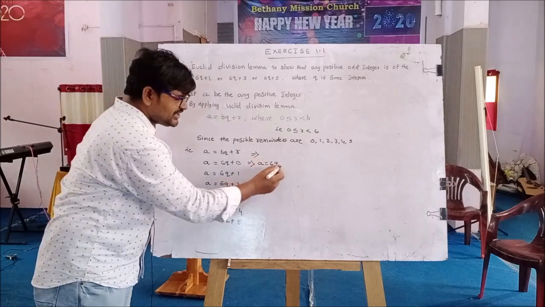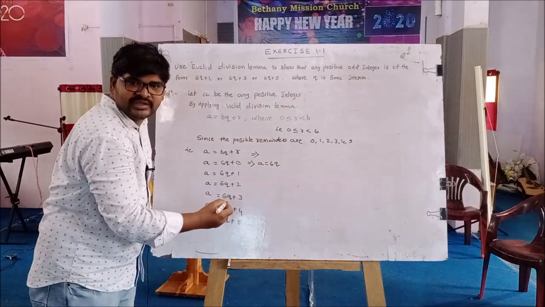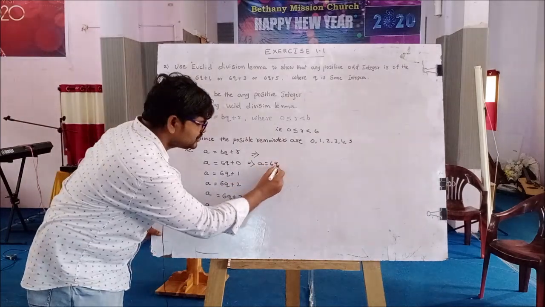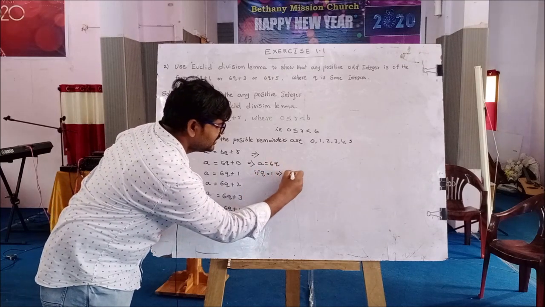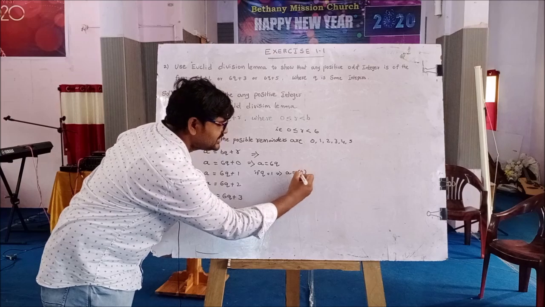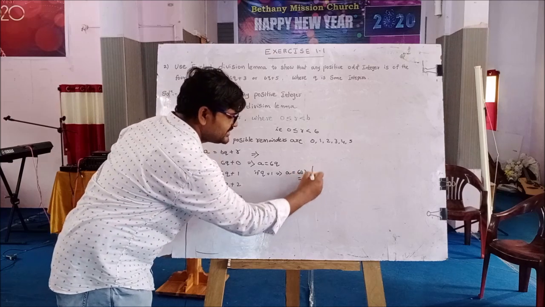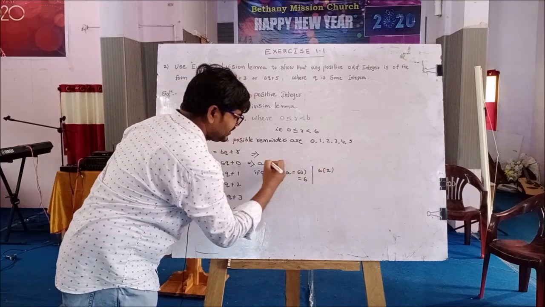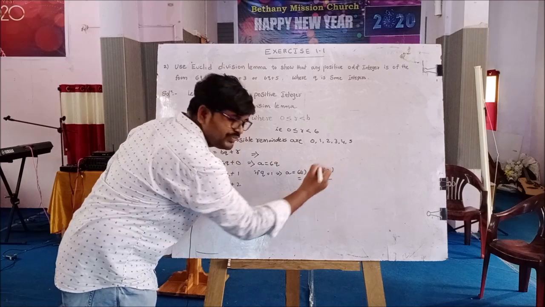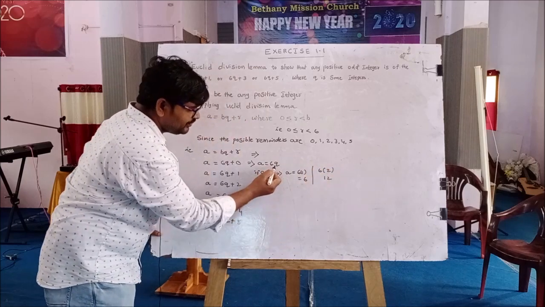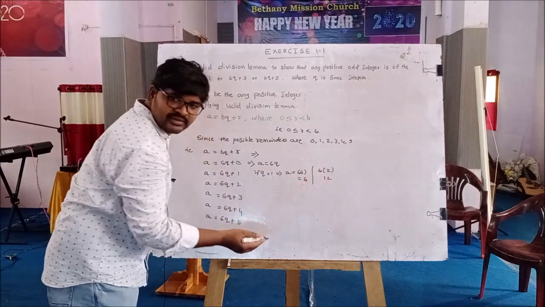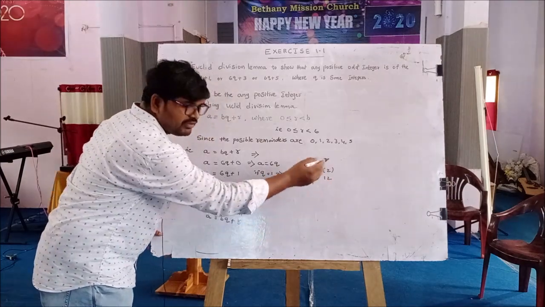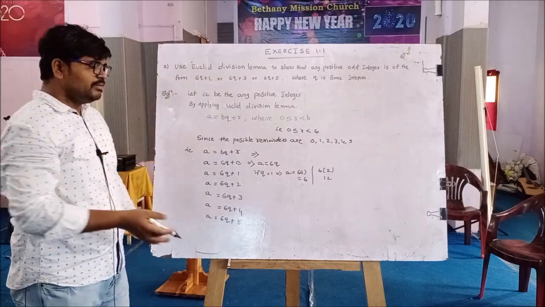Suppose we take q equals 1, that implies A equals 6 into 1, which is 6. If q equals 2, 6 twos are 12. And if q equals 3, 6 threes are 18. So 6, 12, 18 and 24 are multiples of 6.